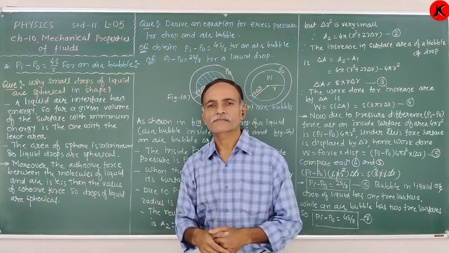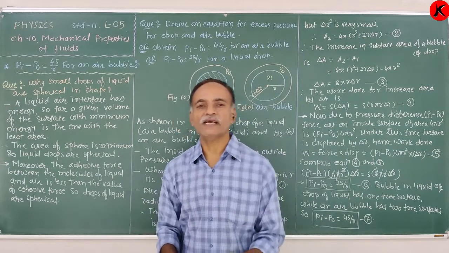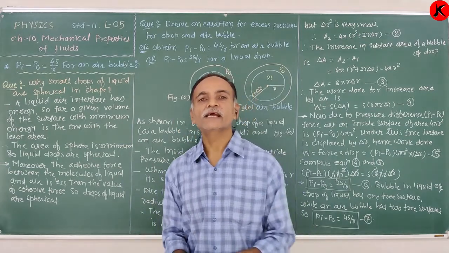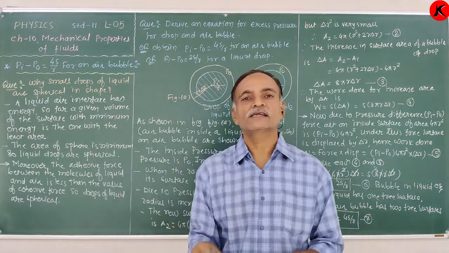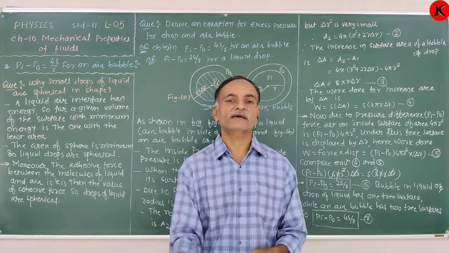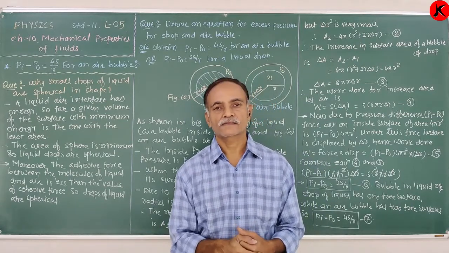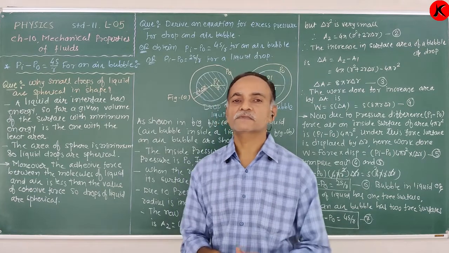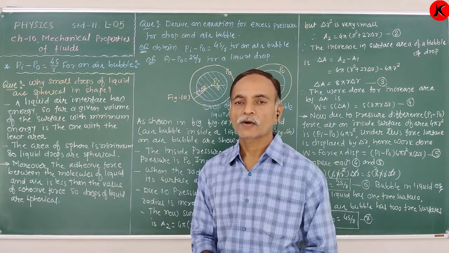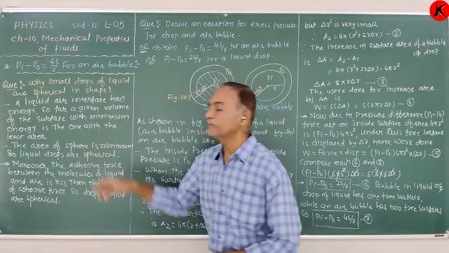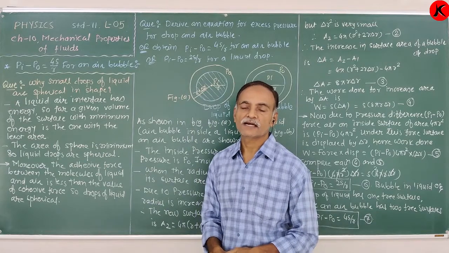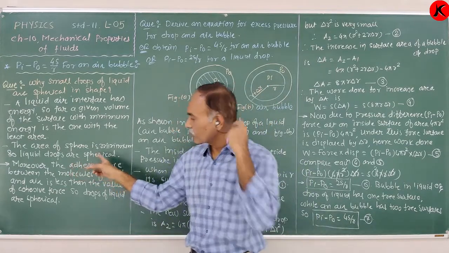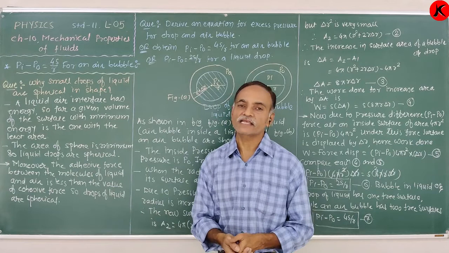Each and every surface has a tendency to minimize its surface energy. Out of all shapes, only the spherical shape has the minimum area, and due to that reason, liquid drops are spherical in shape.